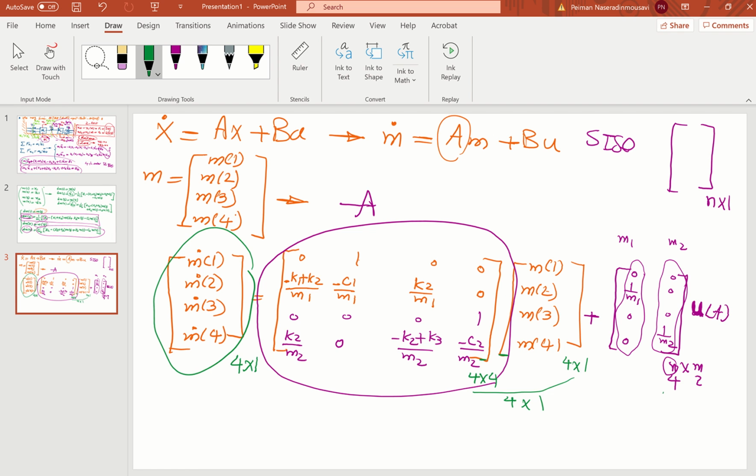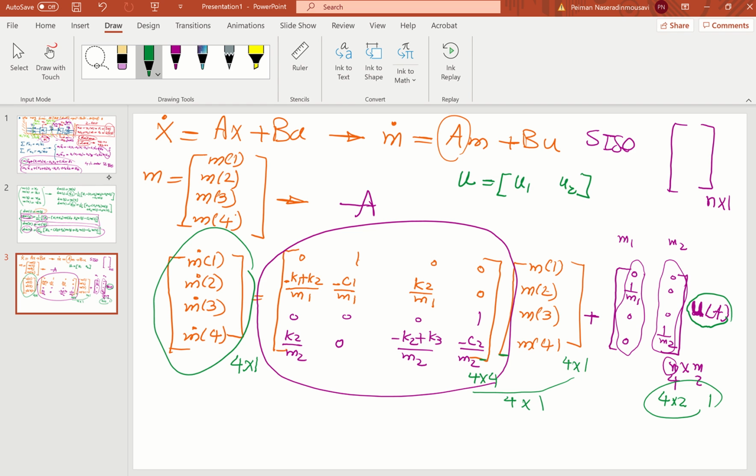Now look at here. 4 by 2 times 1 is gonna be 4 by 2. That sucks. So that's why I made this capital, because your U now is U1 and U2, because you have 2 inputs to the system.